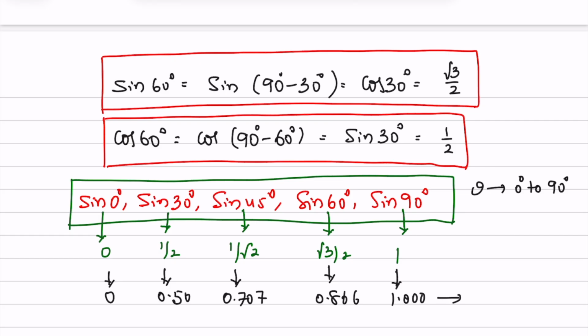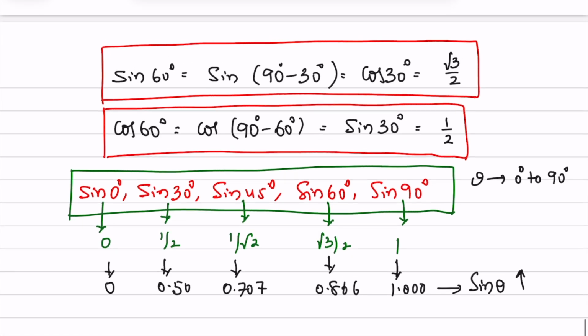That means sin theta value is increasing. That means our theory is correct. You need not learn them by heart, or you need not make a table. As theta increases, sin theta increases. Sin 0 is 0. Sin 90 is equal to 1. Sin theta value oscillates between 0 and 1 for first quadrant.